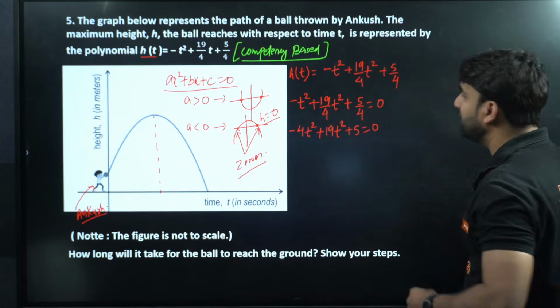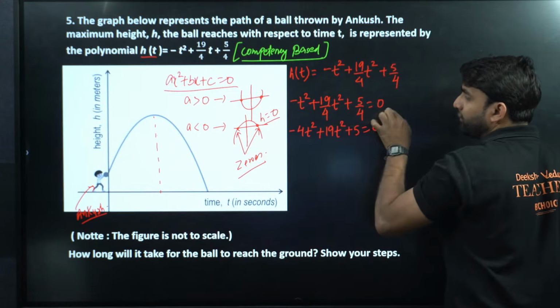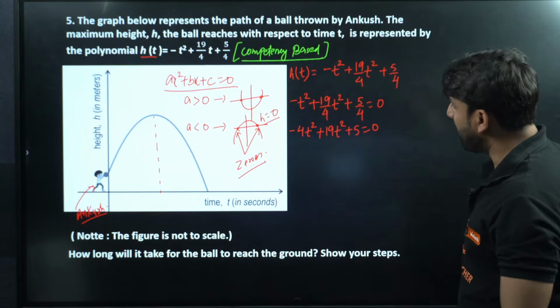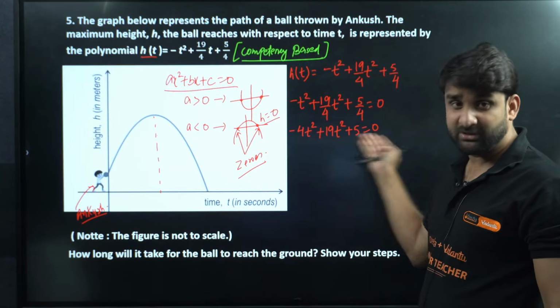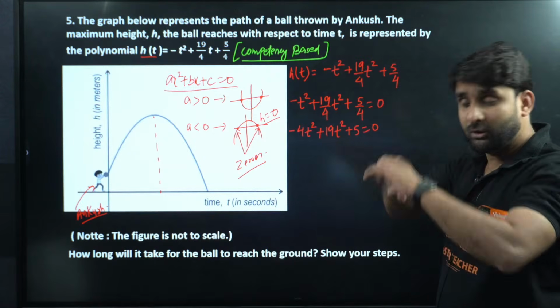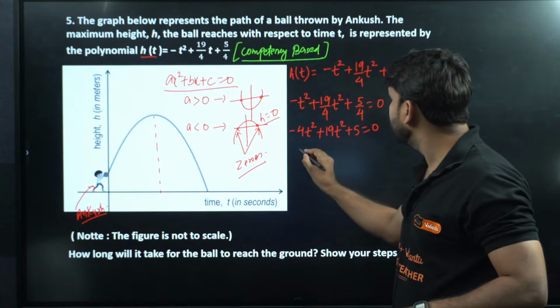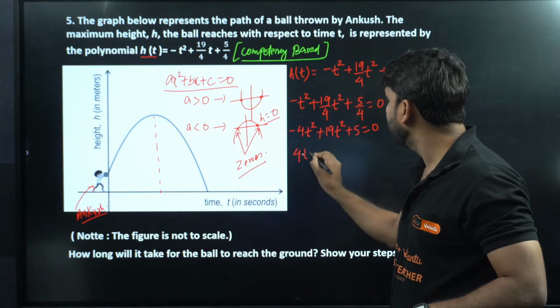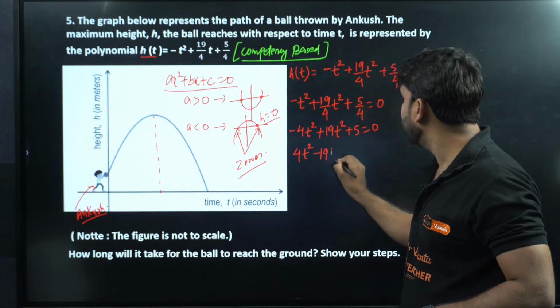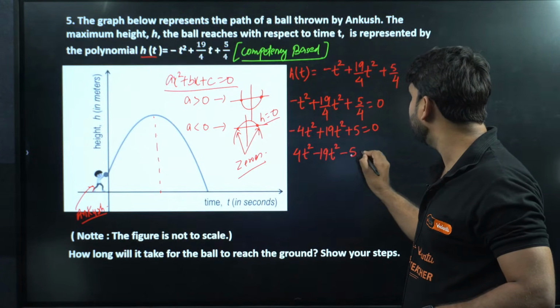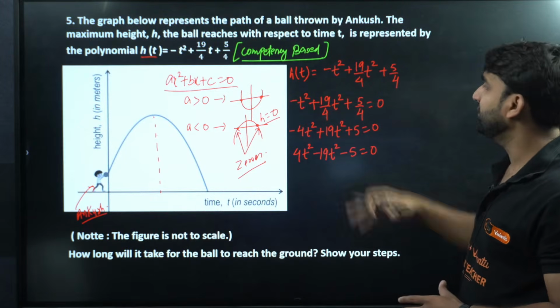After taking LCM, 4 will go there, so 4 into 0 will become 0. Now, this negative sign is slightly disturbing the equation, so let's multiply the entire equation by negative. So this will become positive 4t square, this will become minus 19t, and this will become minus 5 equals to 0.